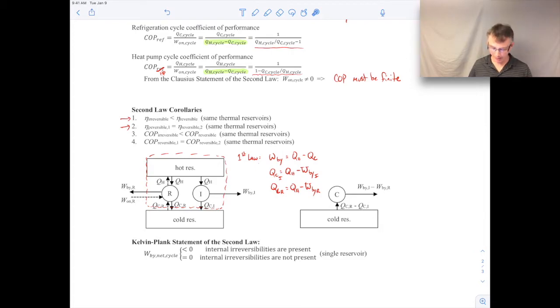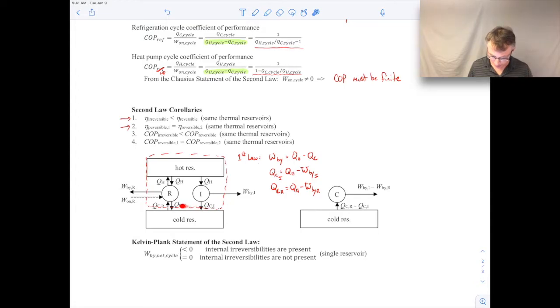Now the reason I've chosen that is because for the hot reservoir, when I change the direction of my reversible cycle, you can see I'm putting QH into the hot reservoir, and I'm also extracting QH into my irreversible system. So there's no net exchange of heat with the hot reservoir. It's basically like the hot reservoir doesn't exist.